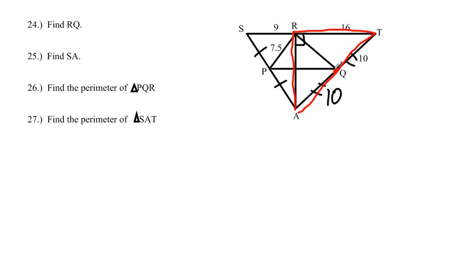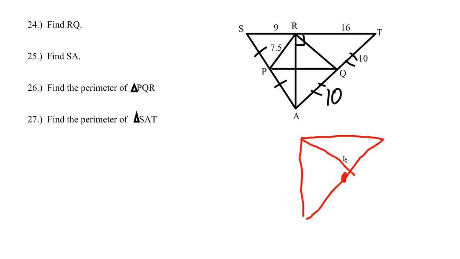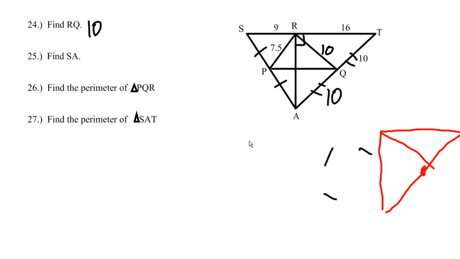And we have the midpoint that we're connecting to here. Oh boy, that was ugly. But one thing we know is that when we connect the midpoint of the hypotenuse, it's equidistant from the three vertices. So that means this length is the same as these two. So this is 10.